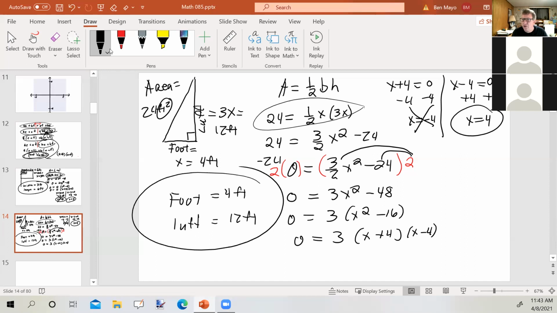I had a student years ago take a test on this chapter, and the very last problem on the test was something like this, and they correctly eliminated the negative answer because it didn't fit the problem, but then something snapped, and they went back through the whole test, and they crossed out all the negative answers, which was a mistake.